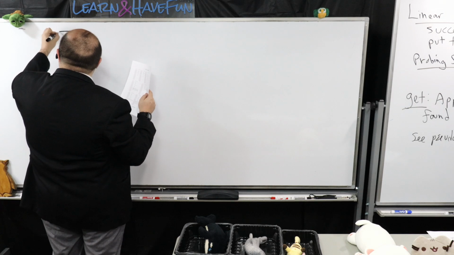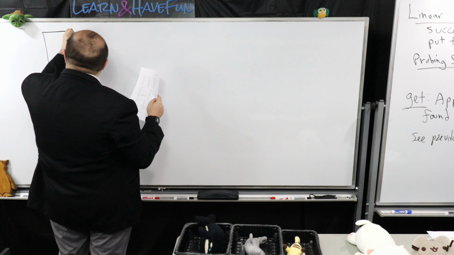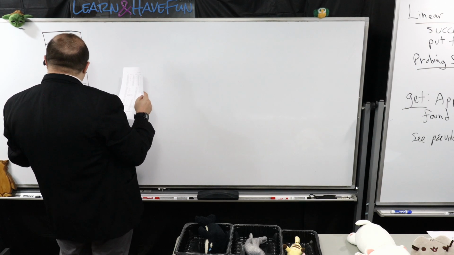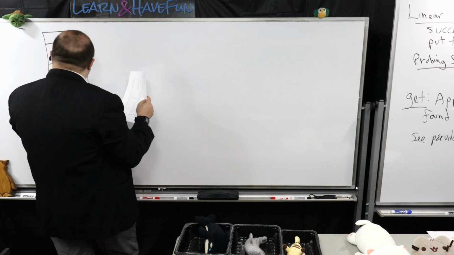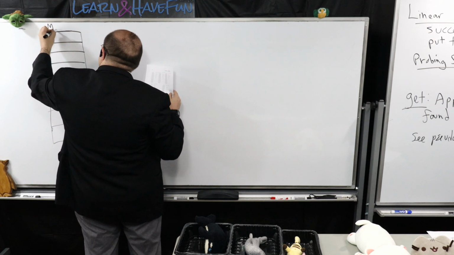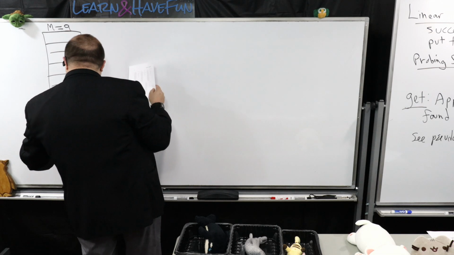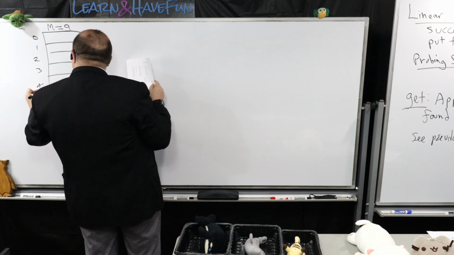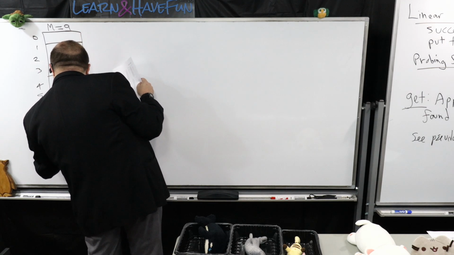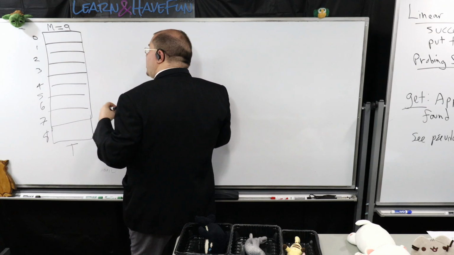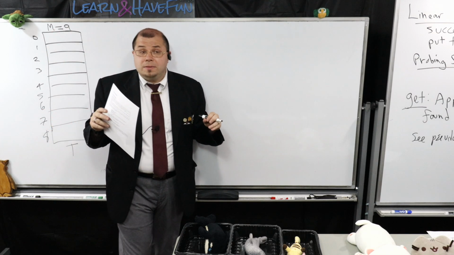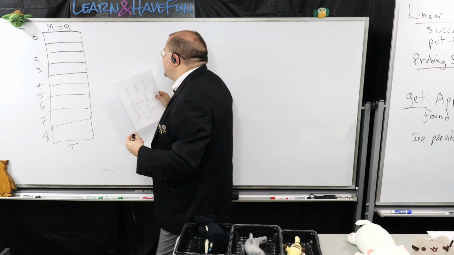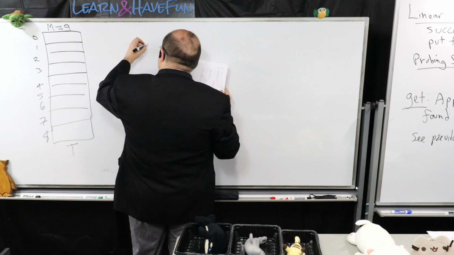I'm going to make a table that has 9 slots in it, 1 through 9. The table size is 9. This is my table T. I'm going to do a whole bunch of insertions into this table so that you can get a flavor for how this works.